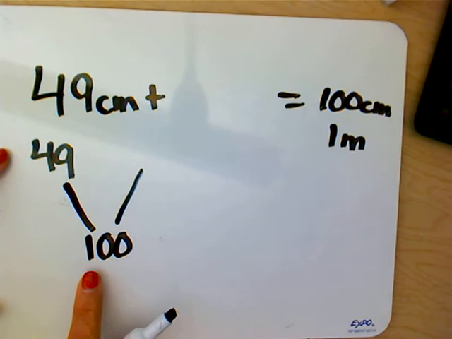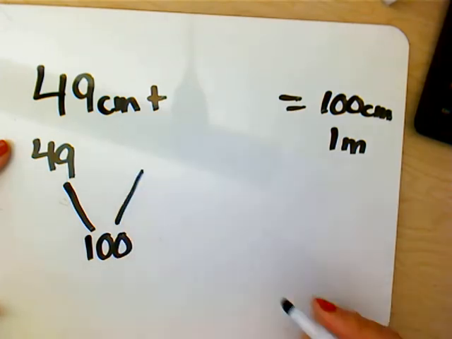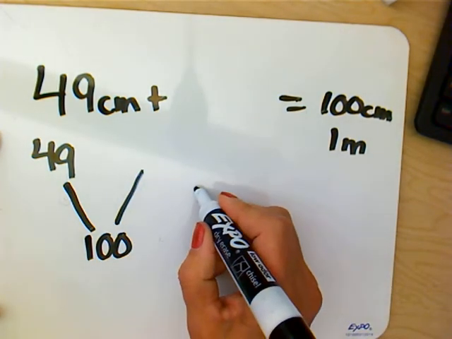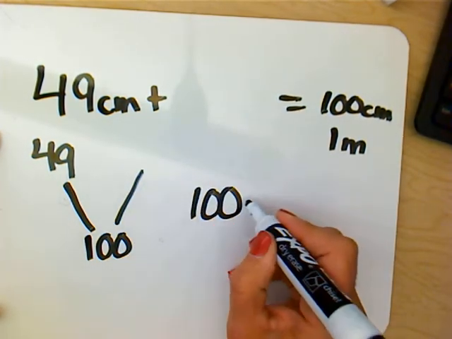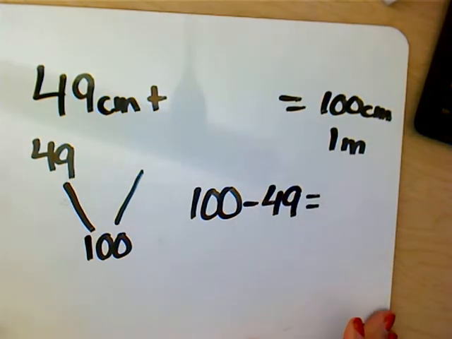So I'm thinking in terms of, if I subtract 49 from 100, I can find the other side of my number bond. So I'm going to take 100, take away 49, would give me the other side of my number bond.